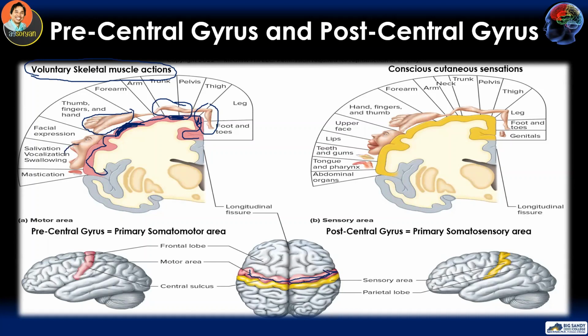The same thing with the mouth area over here. We can control our mouth better than our muscles on the back, because it has a bigger area of the brain that controls this action. So this is the map of muscles controlled by parts of the brain.